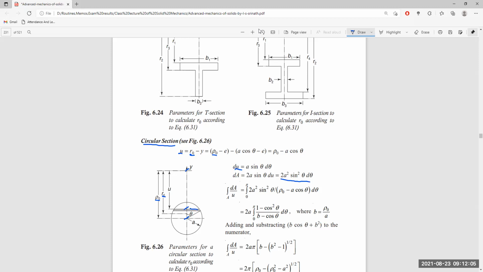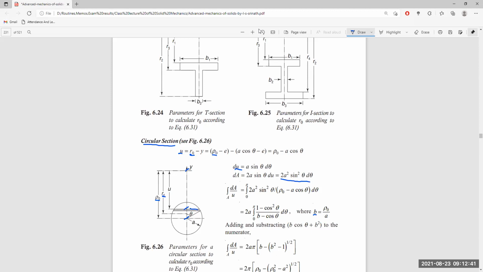If we take 2a square outside, and take a particular parameter b equal to rho 0 by a and put it in place of rho 0, then one of these will become a into b cos theta itself.